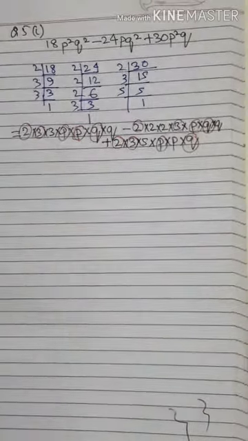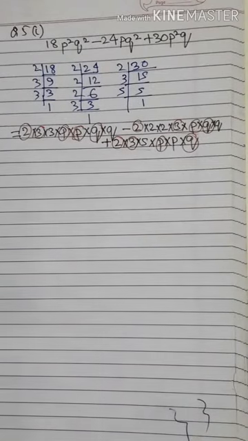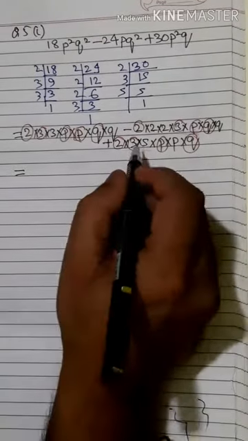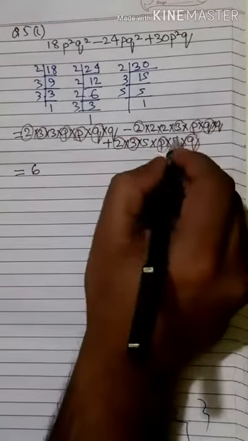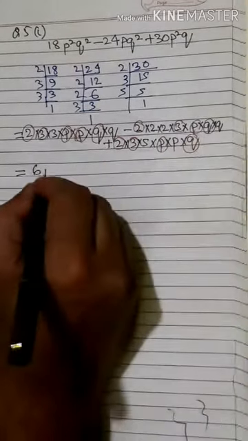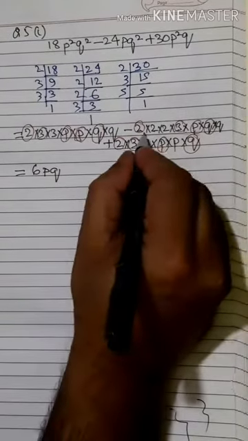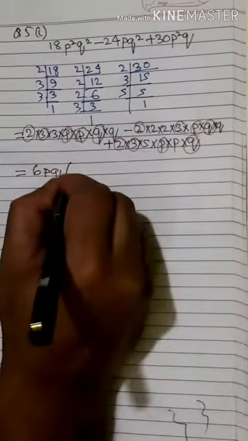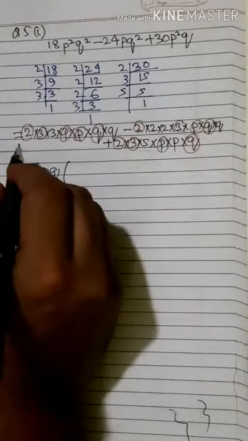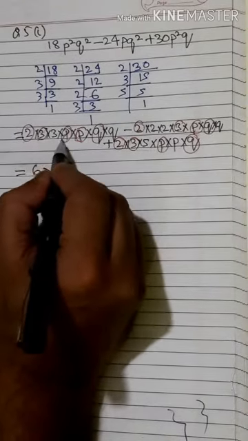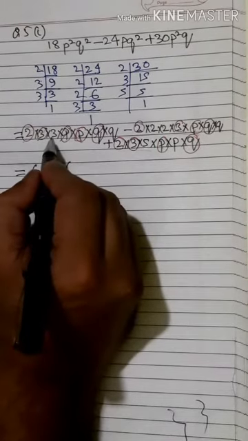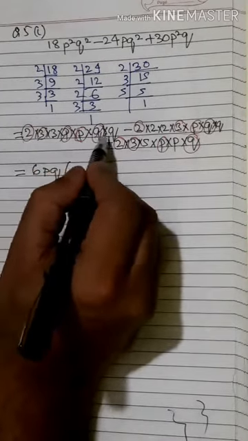So now we'll write down the common term in the next step. So this is equal to, what will be our common term? 2 3 is 6, and then pq. 6pq is the common term. Now let us see what is the leftover term. We have already done with the 2, with the 3 and the p and the q. So what is left over here? 3pq.